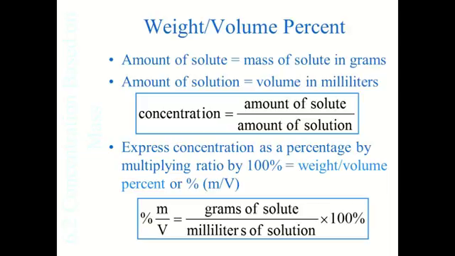Grams of solute divided by volume, often given in what? Milliliters, right? Of solution. And because it's a percent, what do you need to do? Times 100. Did everybody get this, please? So that's the formula: grams of solute divided by milliliters of solution times 100.